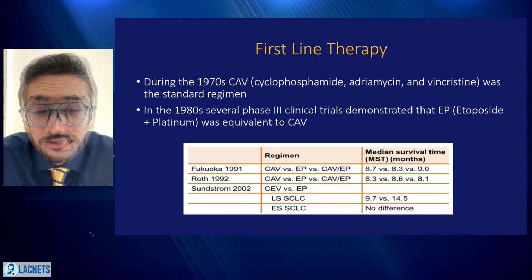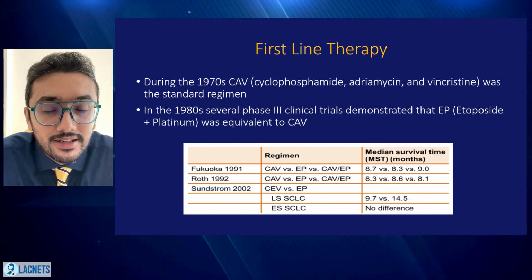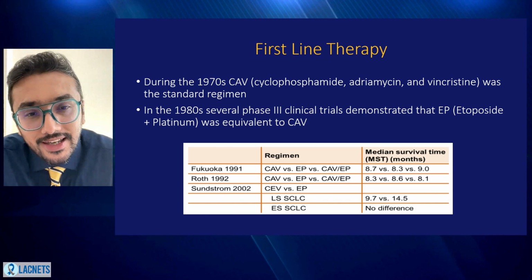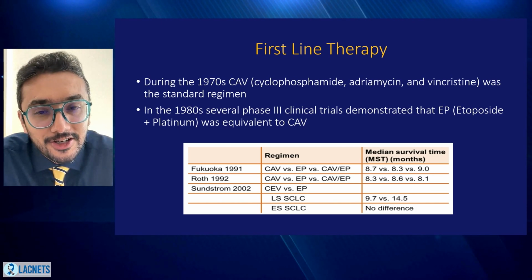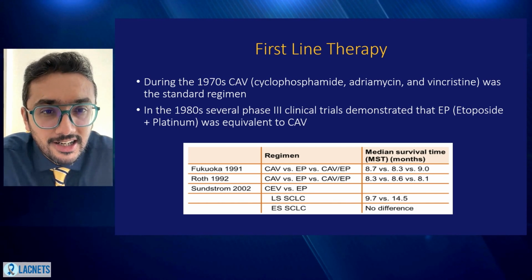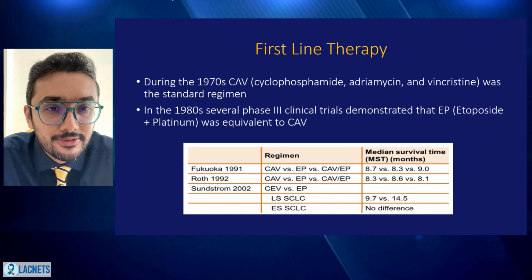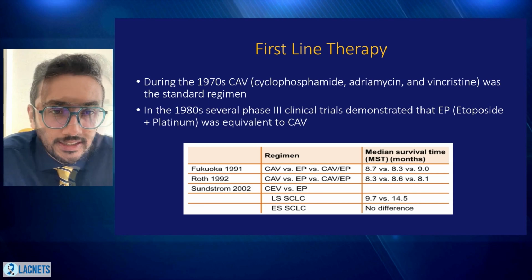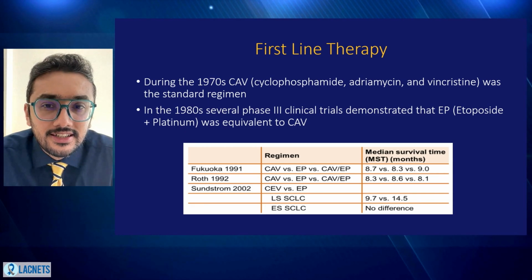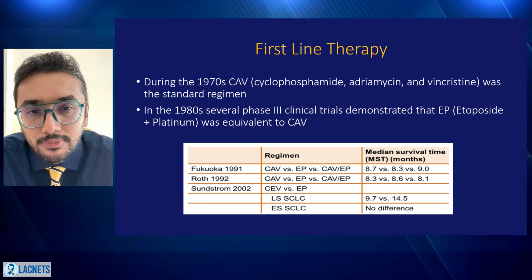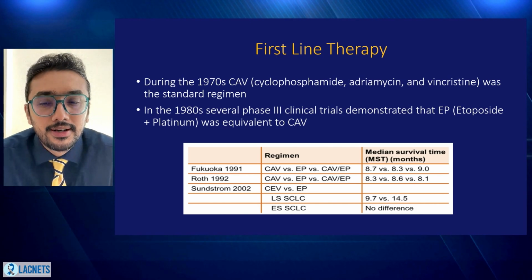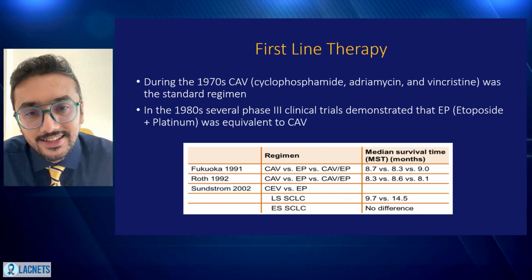For the longest time, we have used a treatment cocktail called a platinum-based doublet. Previous to that, we used a drug regimen called CAV, cyclophosphamide, adriamycin, and vincristine, which was effective but very toxic. Then in the 1980s, we started using platinum doublets, carboplatin etoposide or cisplatin etoposide, and found very similar results but a much better side effect profile.